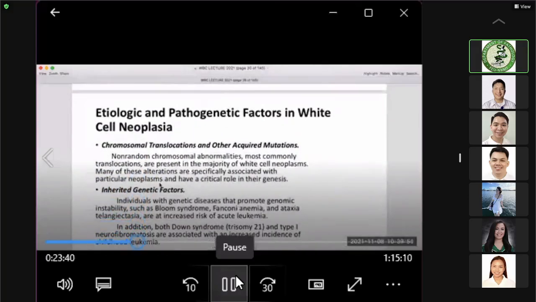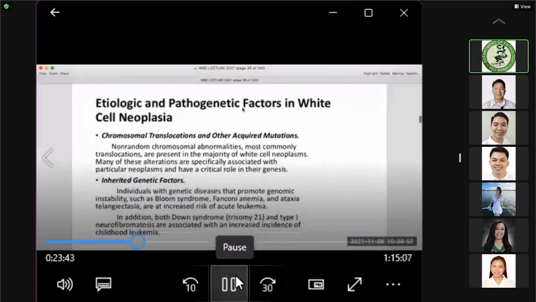Okay, so what are the etiologic and pathogenetic factors in this type of neoplasia? We have chromosomal translocation and other acquired mutations. Marami yan, no? So non-random chromosomal abnormalities, mostly translocation. Okay.